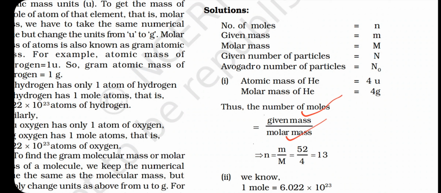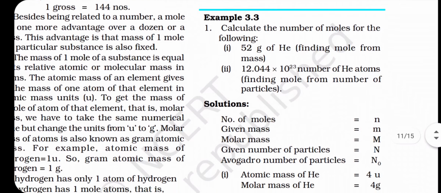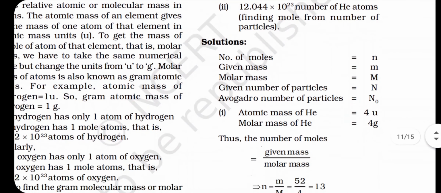If we take the example of 52 gram of helium, here the mole is represented by small n, the given mass is small m, the molecular mass is capital M, and the given number of particles is capital N. Avogadro's number is N0. We know that the atomic mass of helium is 4 unit, that is 4 gram. Molecular mass is also 4 gram.